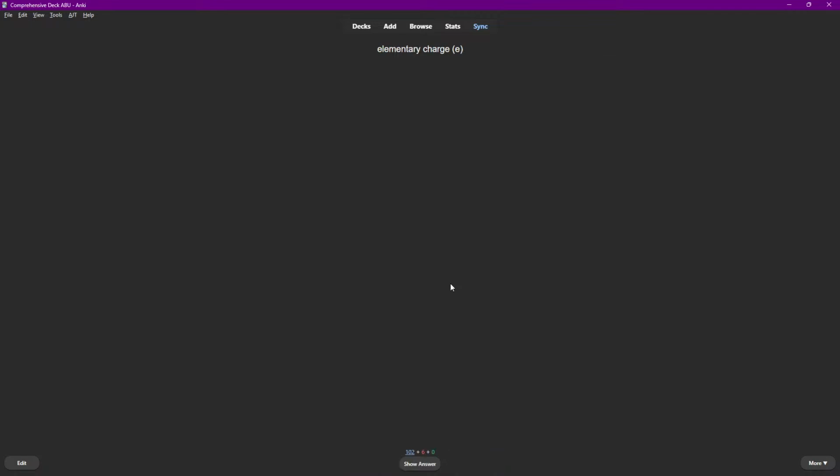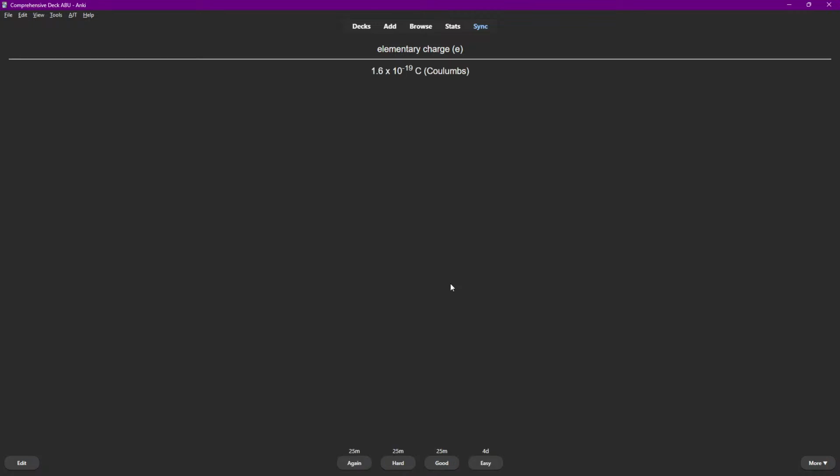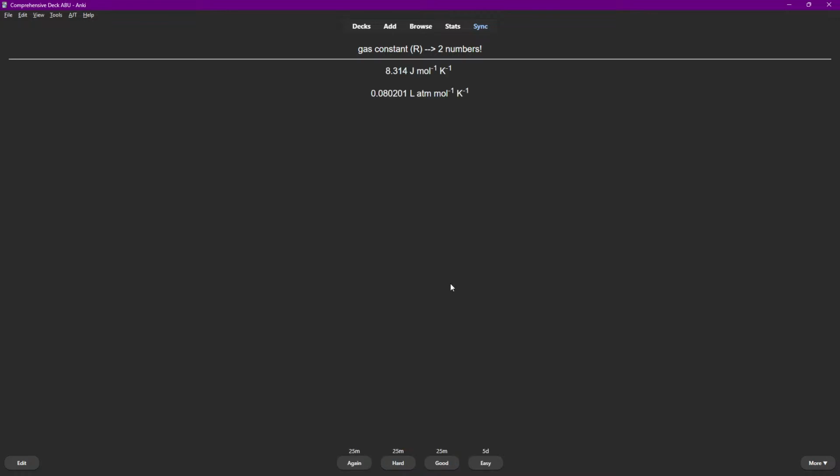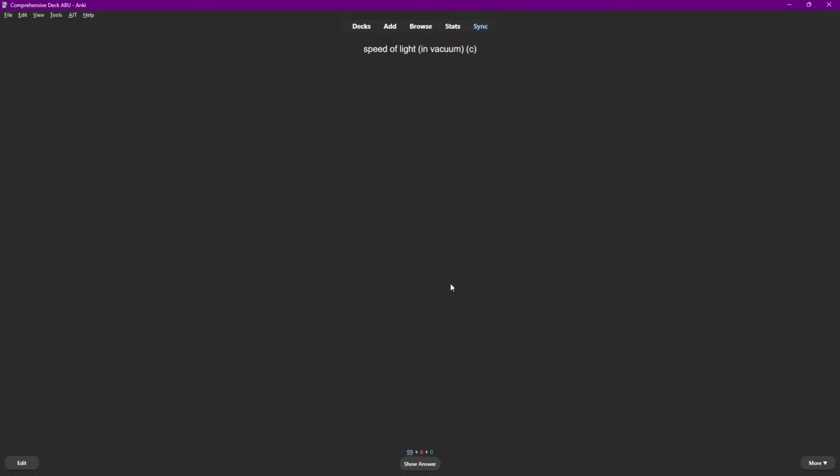Elementary charge 1.6 times 10 to the negative 19th. I knew that one. Coulomb's constant 9 times 10 to the 9th. Gas constant, oh, 8.314. Speed of light 3 times 10 to the 8th.